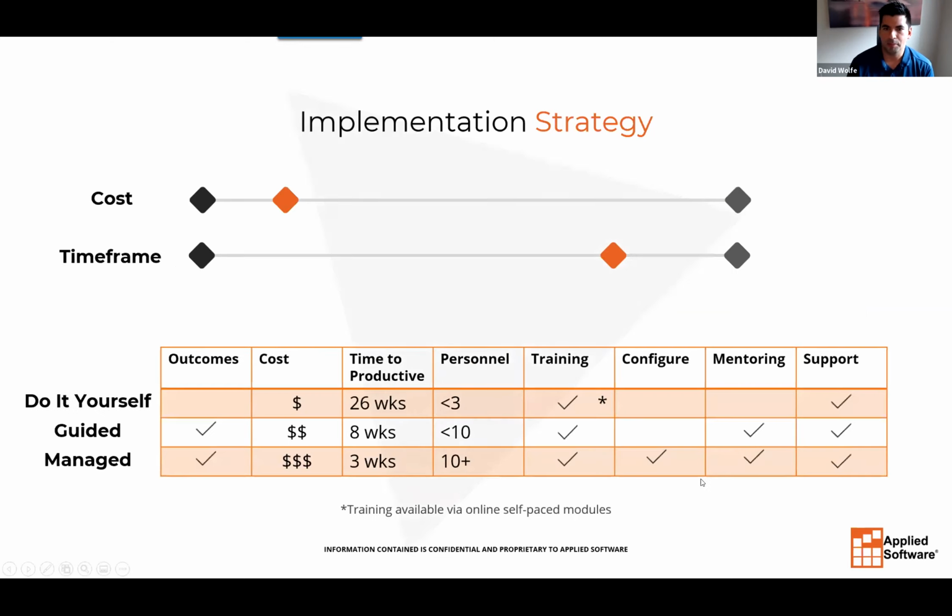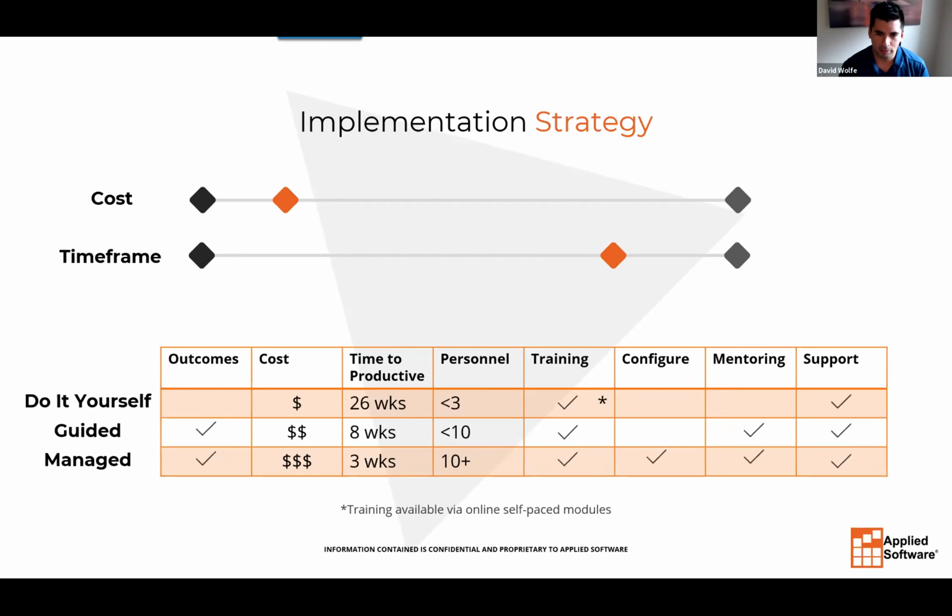But as we dig in deeper, we're going to look through and see kind of what this looks like. So we've created this term called time to productive. And that's just saying your team, how long does it take them to start the product the first time to when they're getting a project out and they're not losing time, or the time is not substantially different from their previous workflow.